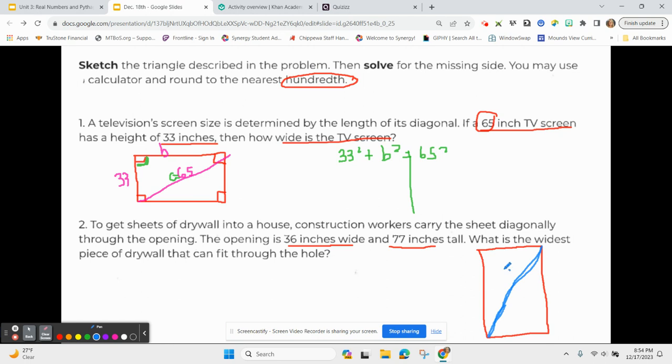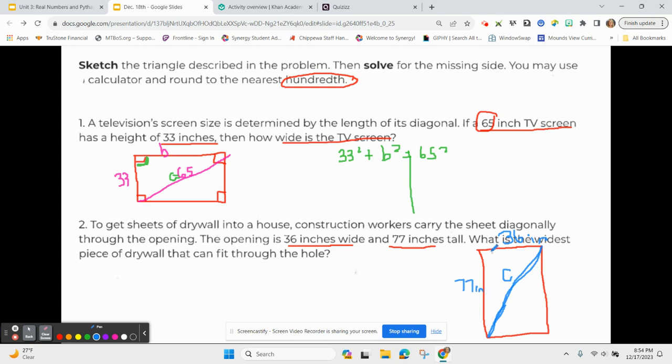So this is missing. That is my hypotenuse. I do know the opening. The width of it is, we're going to say 36 inches. And I know that the height right here is 77 inches.